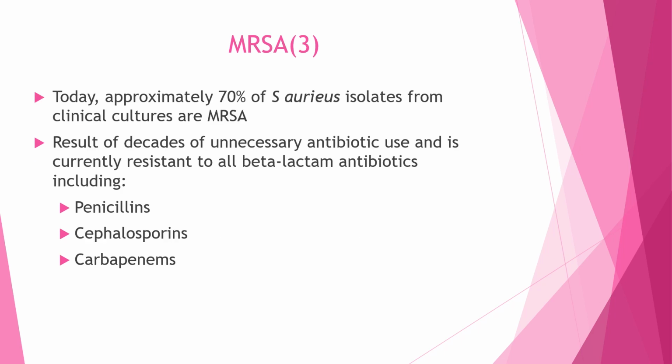Today, approximately 70% of Staph aureus isolates from clinical cultures are MRSA. Again, it is that staph infection. Result of decades of unnecessary antibiotic use and is currently resistant to all beta-lactam antibiotics, including penicillins, cephalosporins, and then the carbapenems. These antibiotics do not work for MRSA.